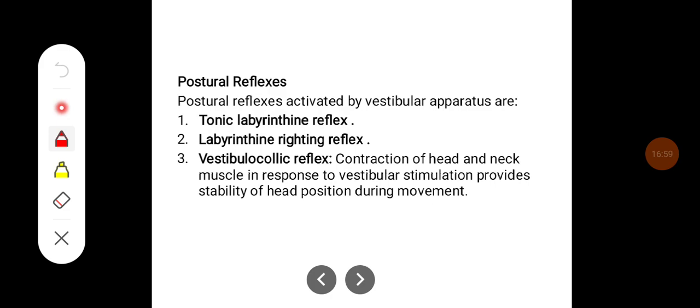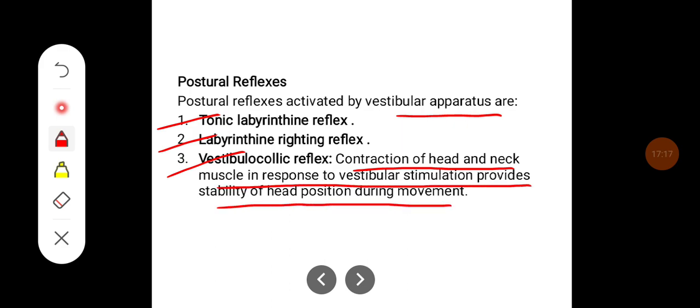The postural reflexes activated by the vestibular apparatus are the tonic labyrinthine reflex, labyrinthine righting reflex, and vestibulocolic reflex. That is, the contraction of the head and neck muscles in response to vestibular stimulation provides stability of head position during the movement.